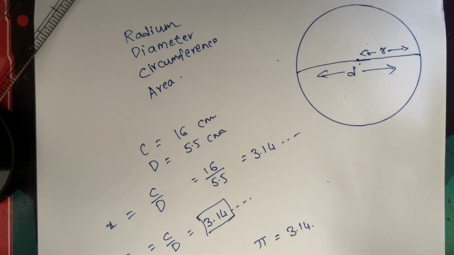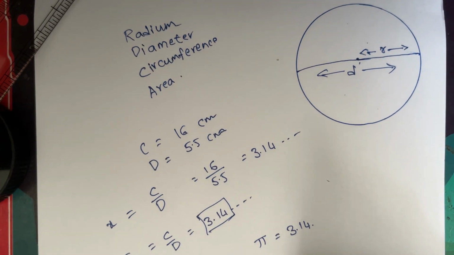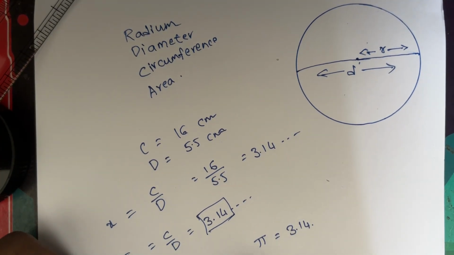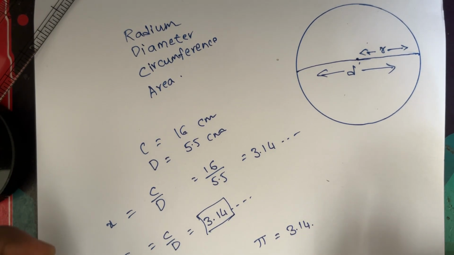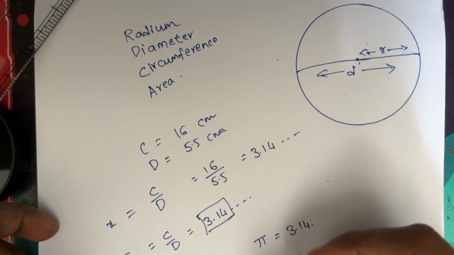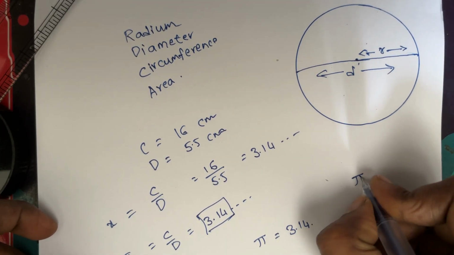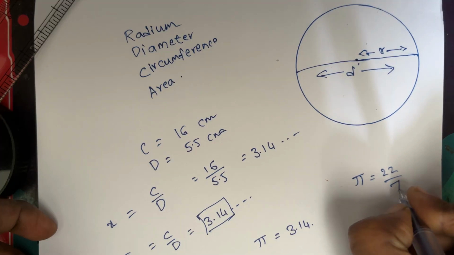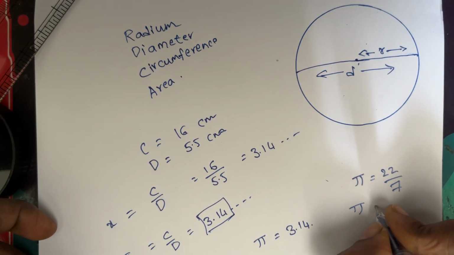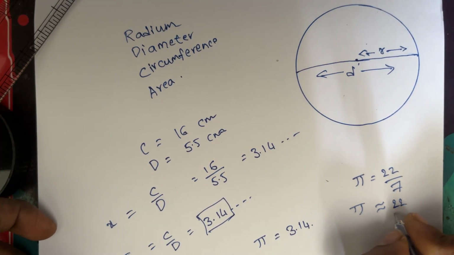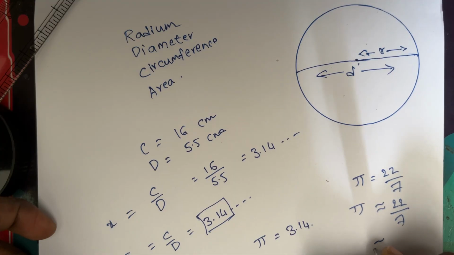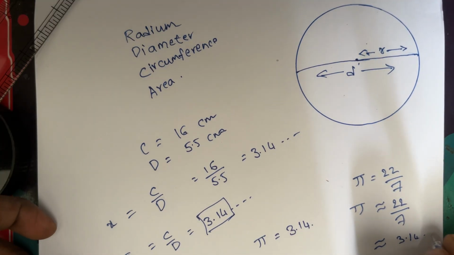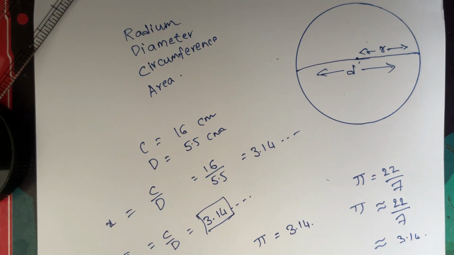So the value of pi and the value of 22 by 7 are almost similar, but not exactly. So understand, pi is not always 22 by 7. In fact, it is approximately 22 by 7, approximately 3.14, because the 3.14 series is never ending.